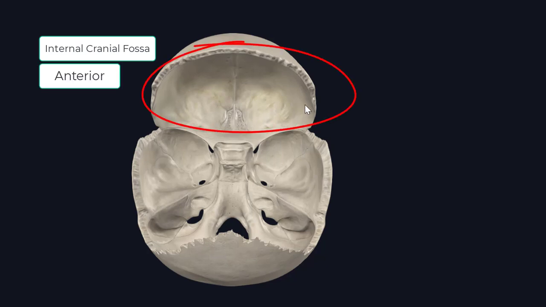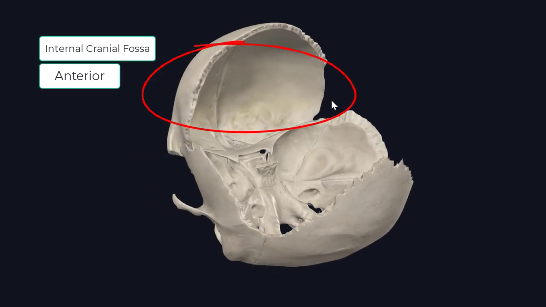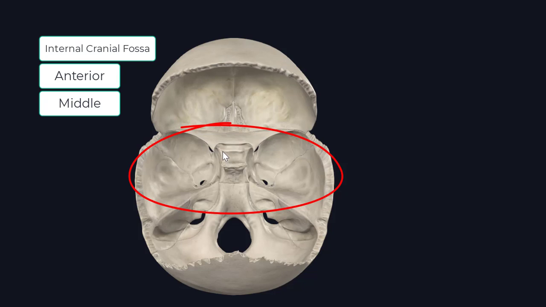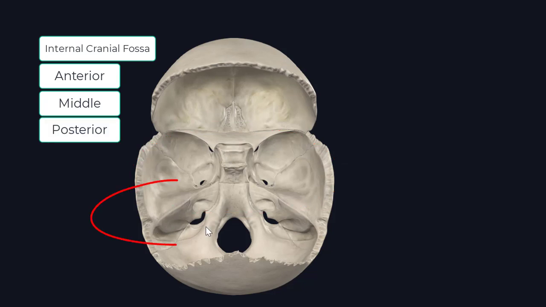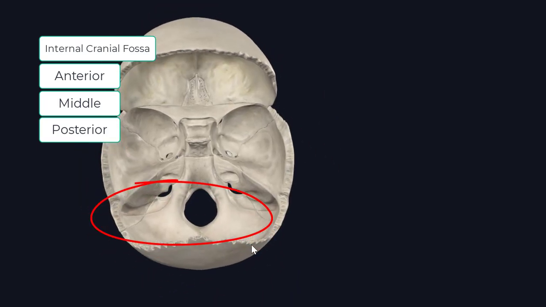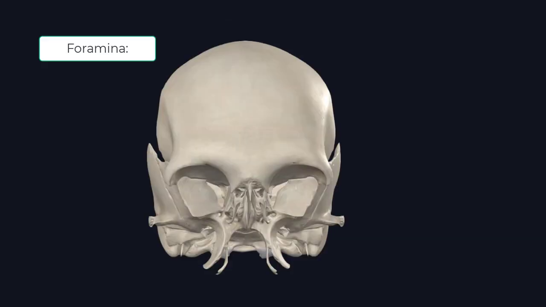This is called the anterior cranial fossa, which holds the frontal lobes of the brain; the middle cranial fossa, which houses the temporal lobes and pituitary gland; and we also have the posterior cranial fossa, which contains the cerebellum and brain stem. Now, I want to talk about four or five major foramina of the cranial base, which allow nerves and blood vessels to enter and exit the skull.